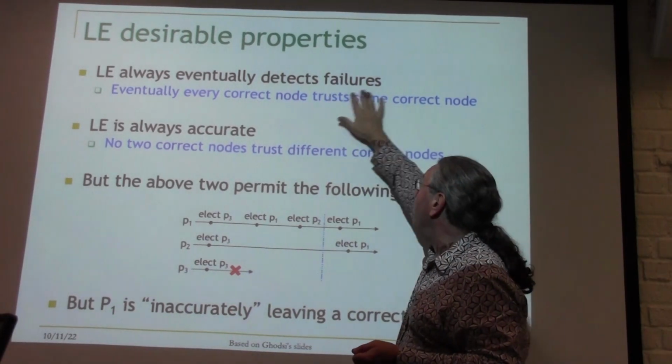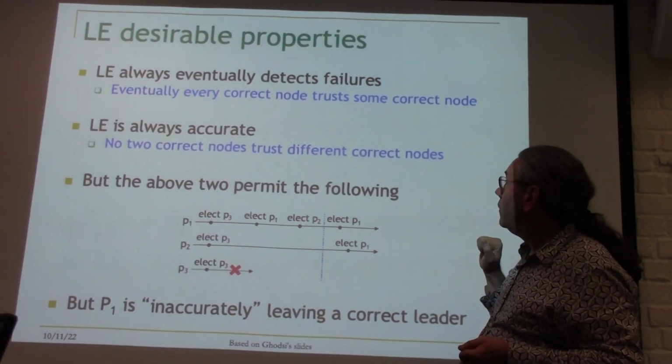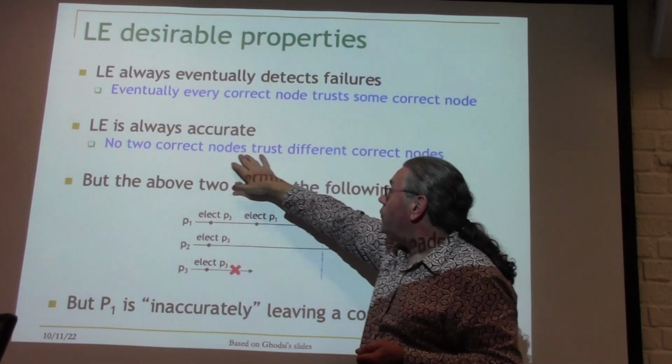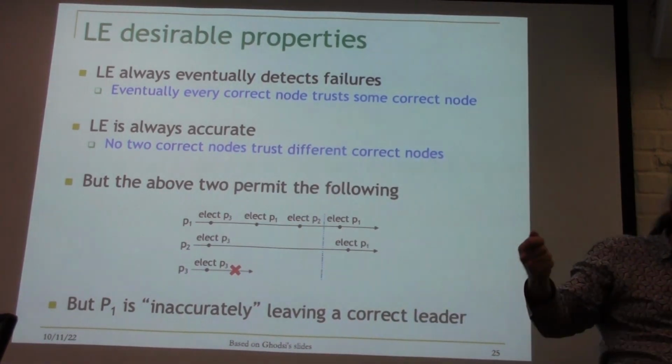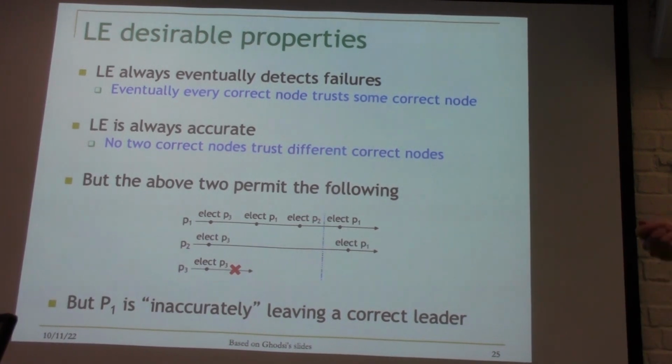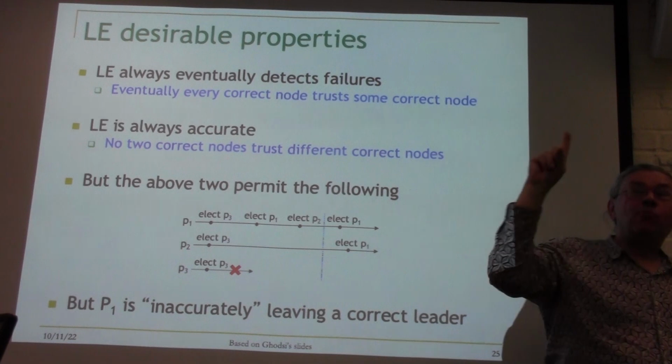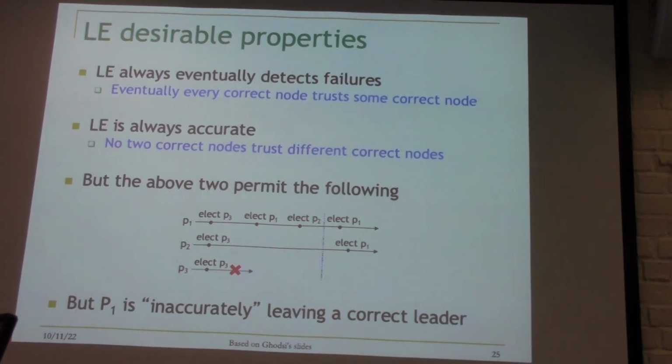Trust is like the leader; I will pick a leader. And no two correct nodes will trust different correct nodes. That means two different nodes will never pick different leaders. That's like saying there is only one leader. There's also a famous film where they say there can only be one. Remember that?